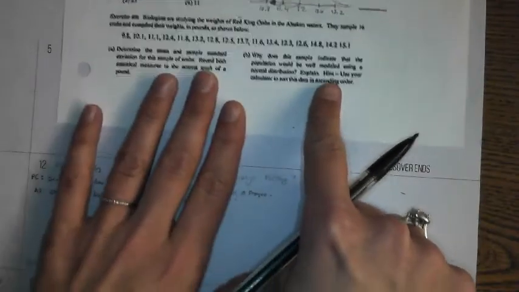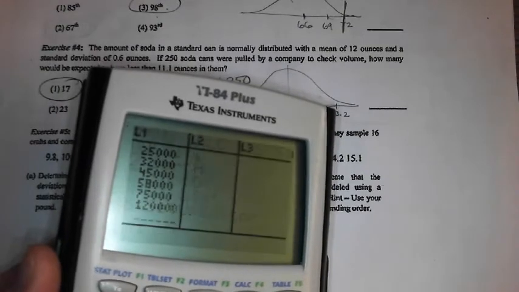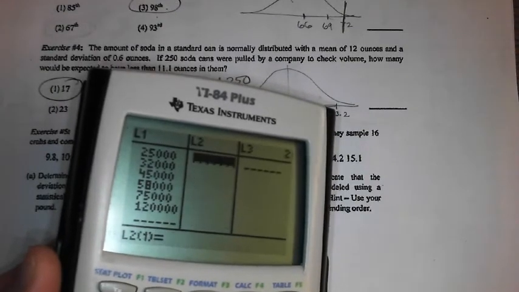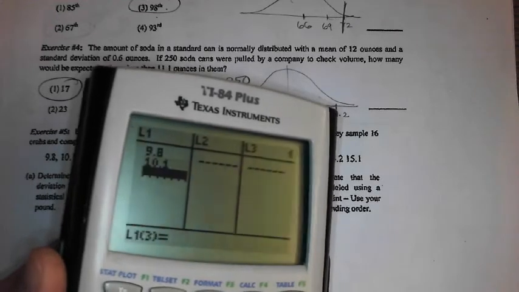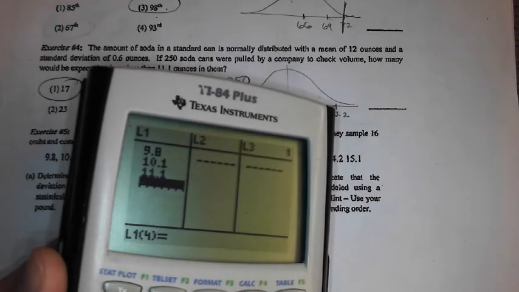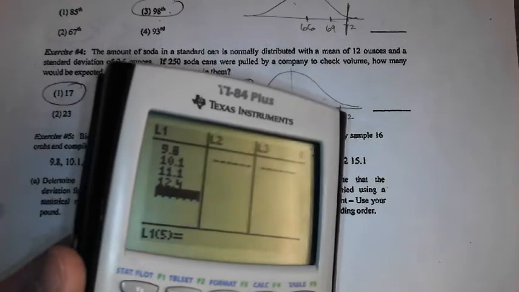Okay, so let's go back here to this red king crab situation. We have a sample, and you guys don't need to do this, I'll do it. Remember how we enter data, so edit. For the sake of time, we'll watch 9.8, 10.1. Tell me if I type anything in wrong, because I'm going to try to do this fast.